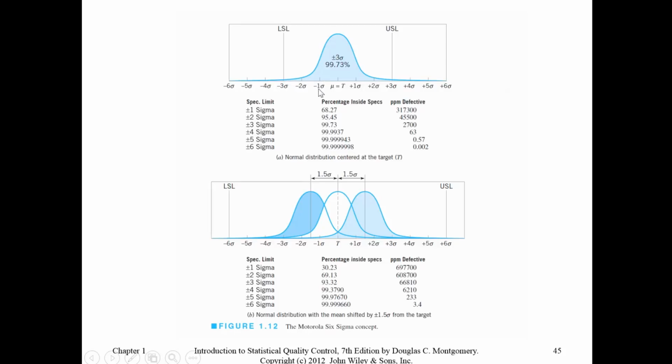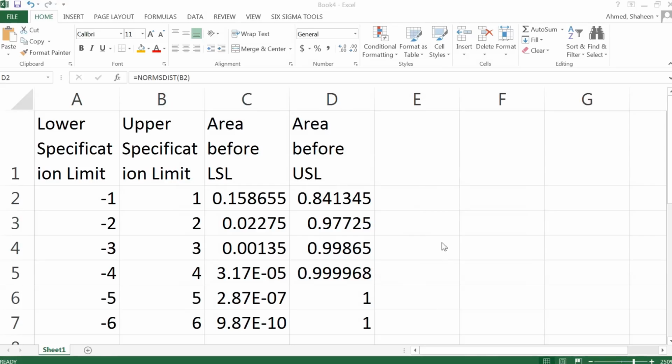And when we wrote NORMSDIST of 1, it gives you all the area before this line. Now if you want to calculate between -1 and +1, then we subtract all this area before -1 from all this area before +1. This will give the 68.27%. Let's go back to Excel.